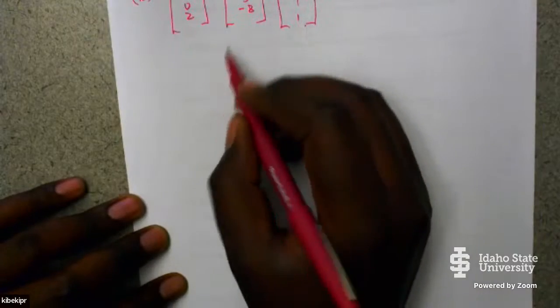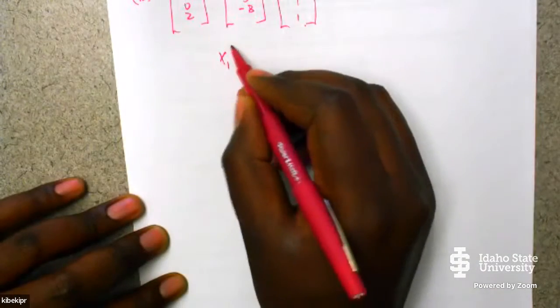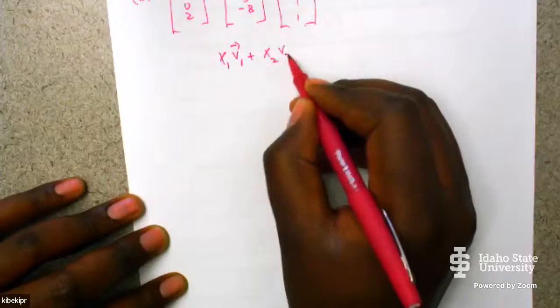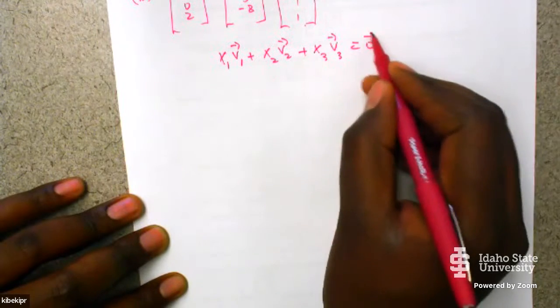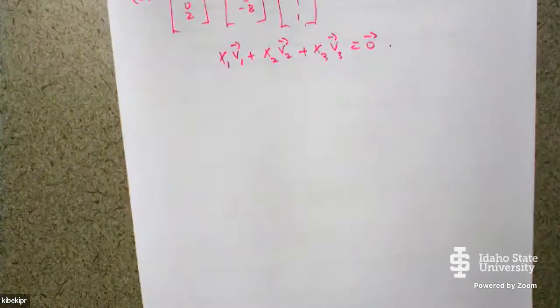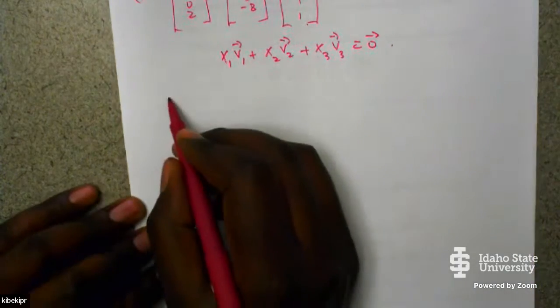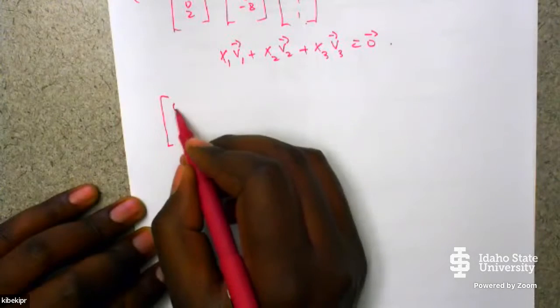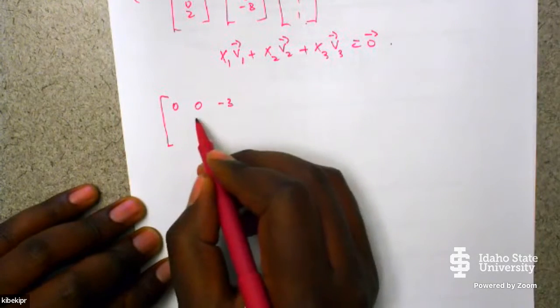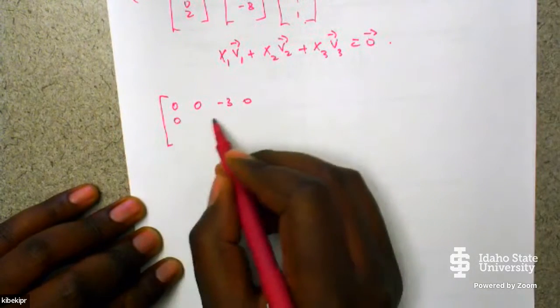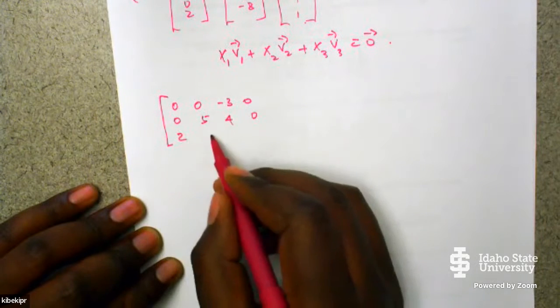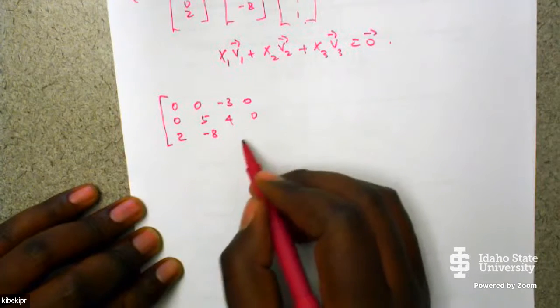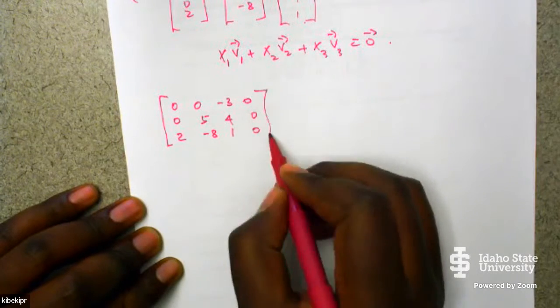So you do the same thing. You look at x1 b1 plus x2 b2 plus x3 b3 equals the 0 vector. So you write this in augmented matrix form: 0, 0, -3, and then 0, 5, 4, 0, and then 2, -8, 1, and 0 there.